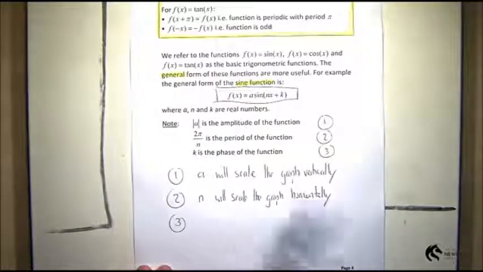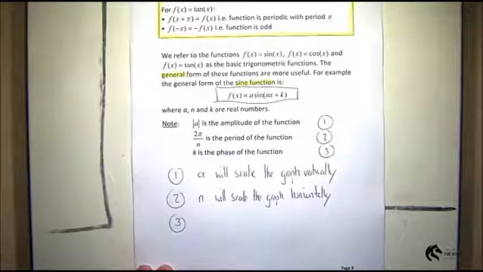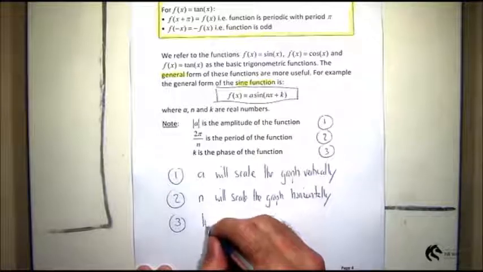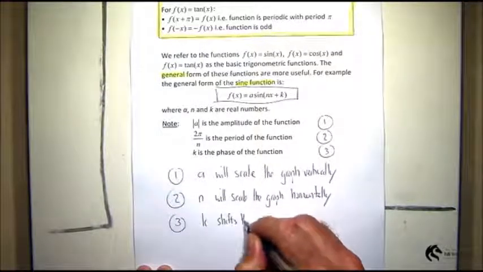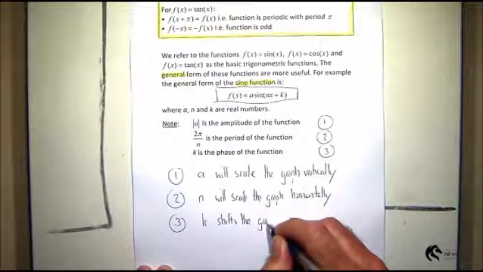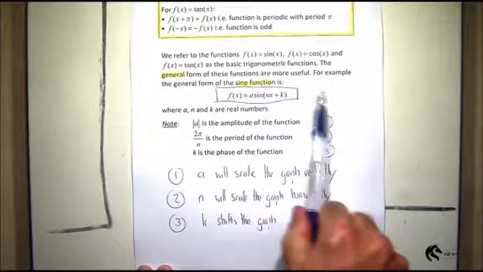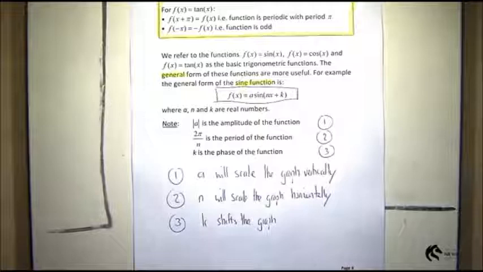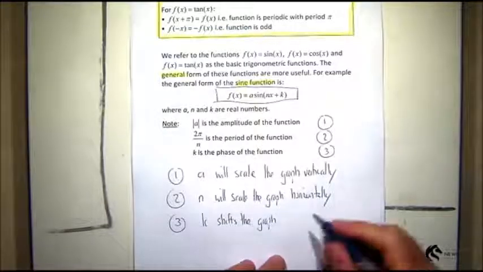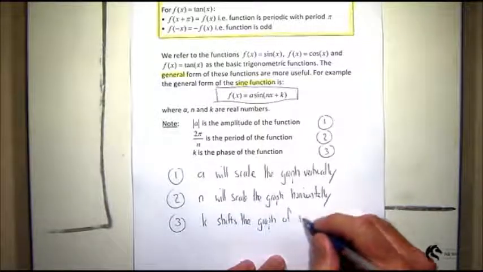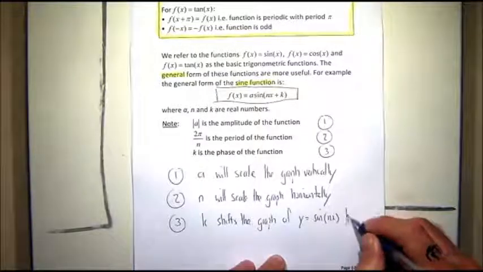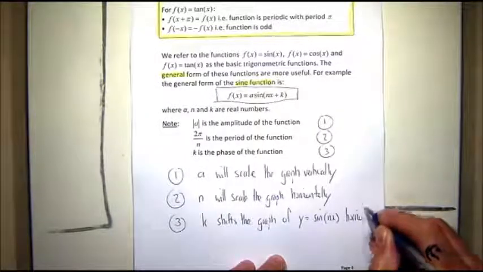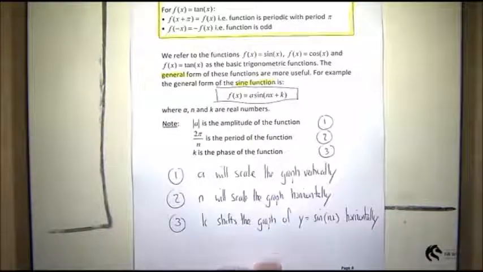This one is called the phase of the function, and it shifts the graph of y equals sine nx horizontally. And again, we'll go through some examples and see all of this in action.